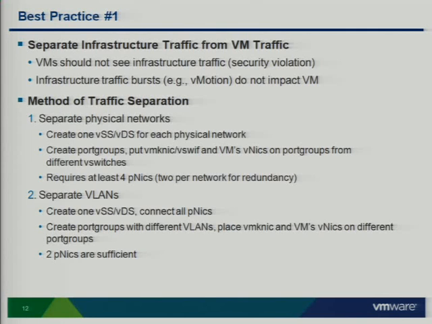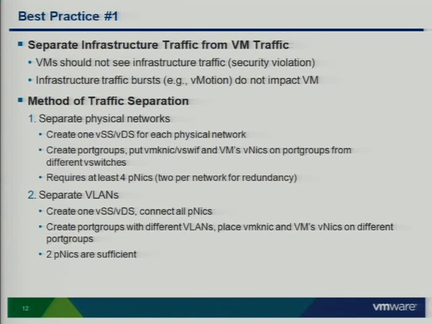So, for example, if you have vMotion going on, what the vMotion traffic carries are the actual memory content of the specific VMs. You don't want other VMs to be able to snoop on the memory content of the VMs they are not supposed to know about. So you want to keep them separate. And without doing that, that's a potential security violation.